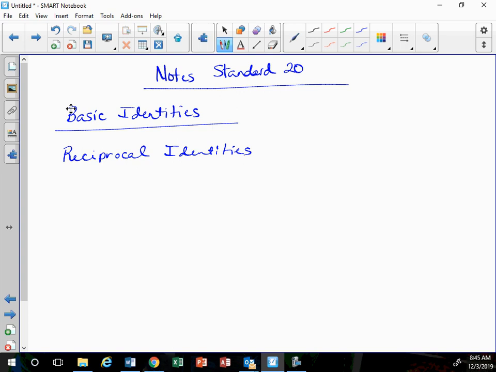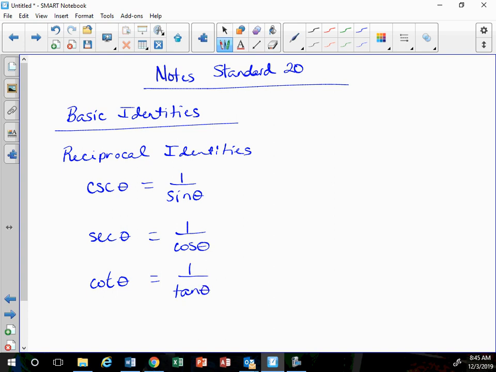So your first one is cosecant of theta equal to 1 over sine of theta. These you should be familiar with. Secant is 1 over cosine, and then cotangent. So these are the reciprocals.